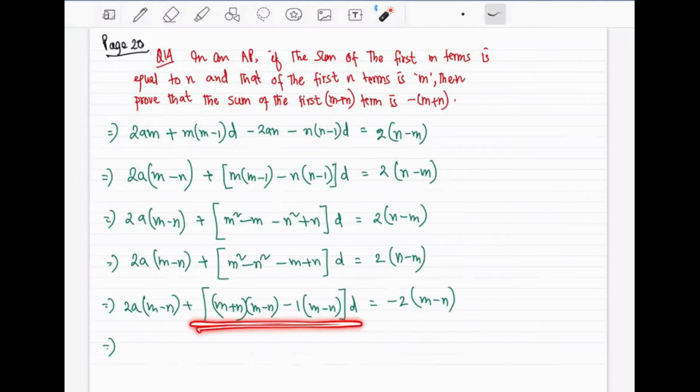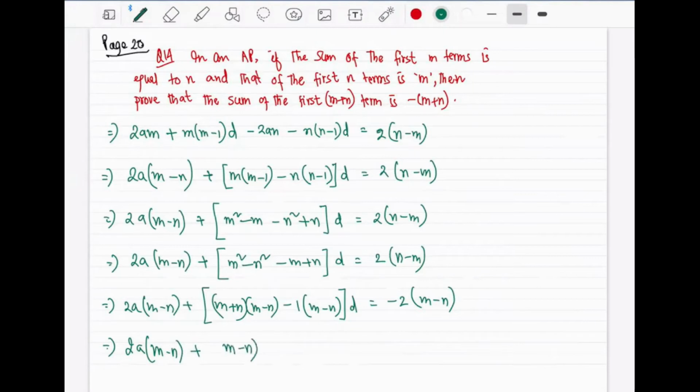This term is together, so we can take out the m minus n common factor between these two terms. So twice a m minus n plus, take out the m minus n as common factor, m minus n is there. What is remaining? If I take out these two, there is an m plus n here, and there is a minus 1.